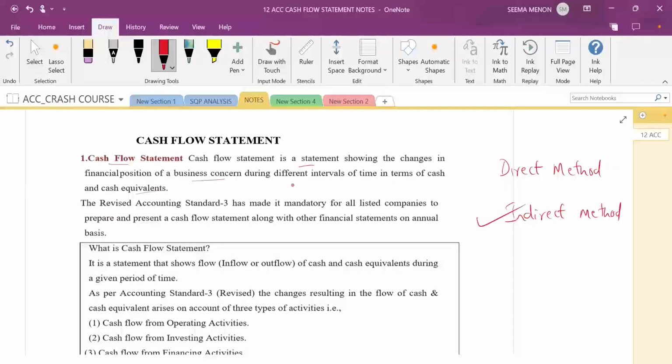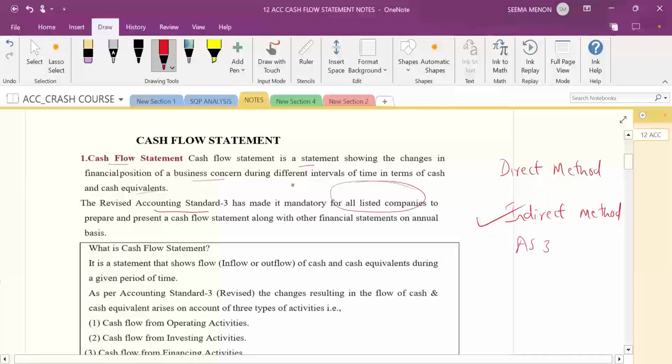This is prepared as per Accounting Standard 3. As per the Companies Act 2013 and Accounting Standard 3, it applies to all listed companies. This is again one more MCQ question: which type of companies? Only listed companies. They have to compulsorily include it as a part of their financial statement.